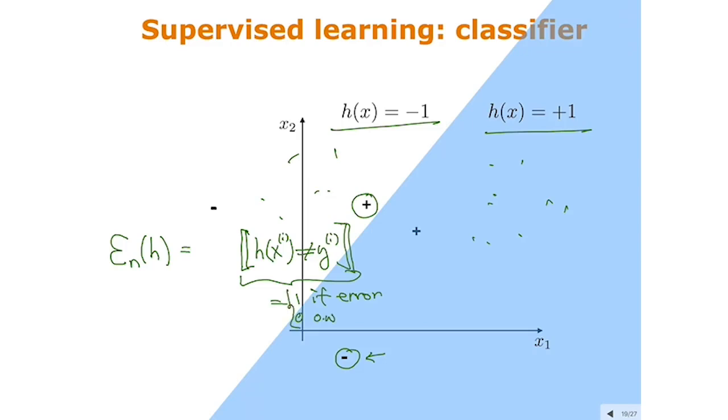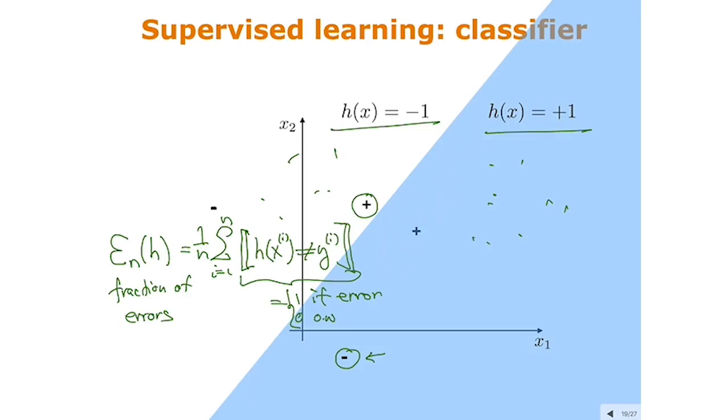Okay. Now I want an error on the whole training set, so I sum this over all the training examples, n of them, and take a fraction. So what I get here is now a fraction of errors on the training set, also known as the training error.